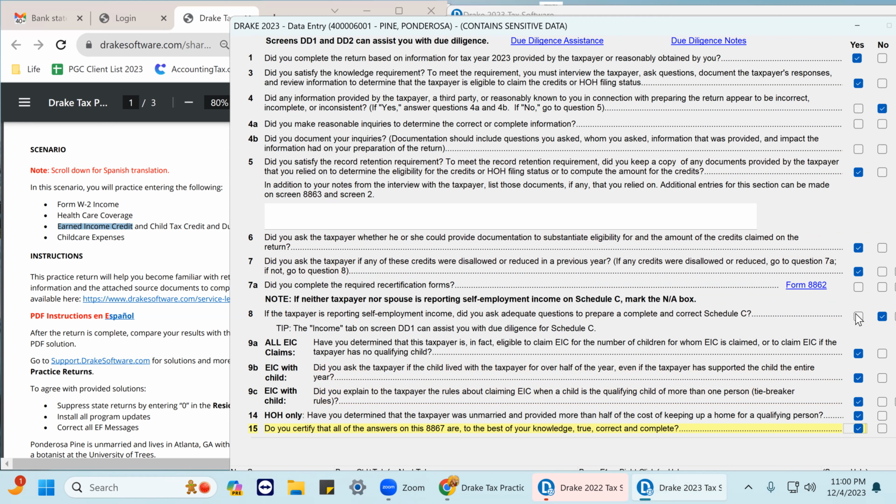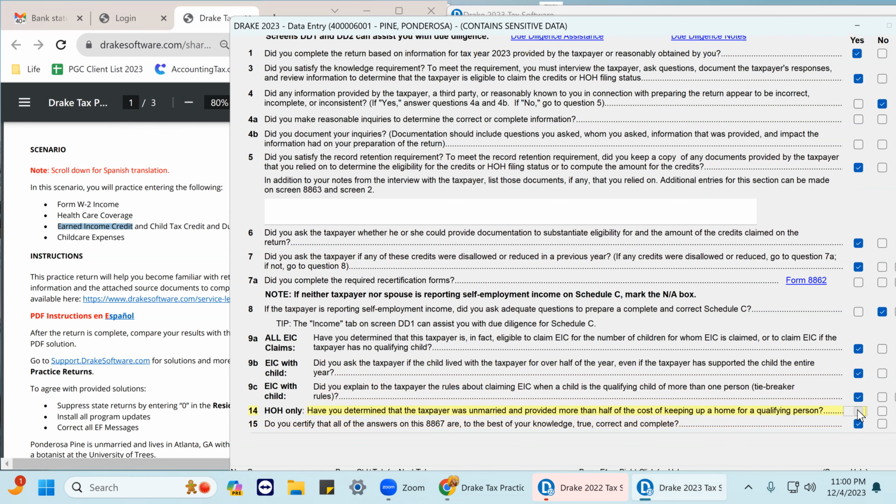Number 8 depends on the taxpayer, sometimes yes, sometimes no. The 9 is not necessarily a yes or no question: only if they have an earned income credit, you will answer the 9. If you have a household, the number 14, you always answer. And the number 15, always answer yes.